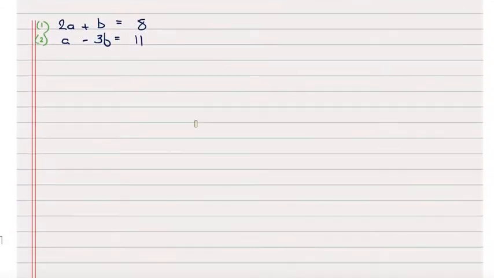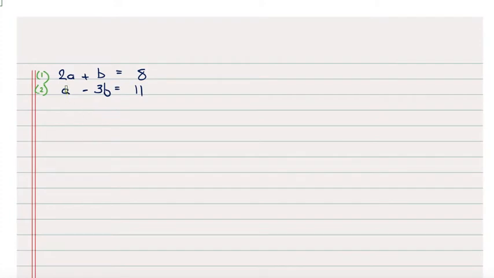But notice in these ones we don't have a common coefficient. So look what happens if I add both of these equations together or subtract. If I add them, 11 plus 8 will be 19.